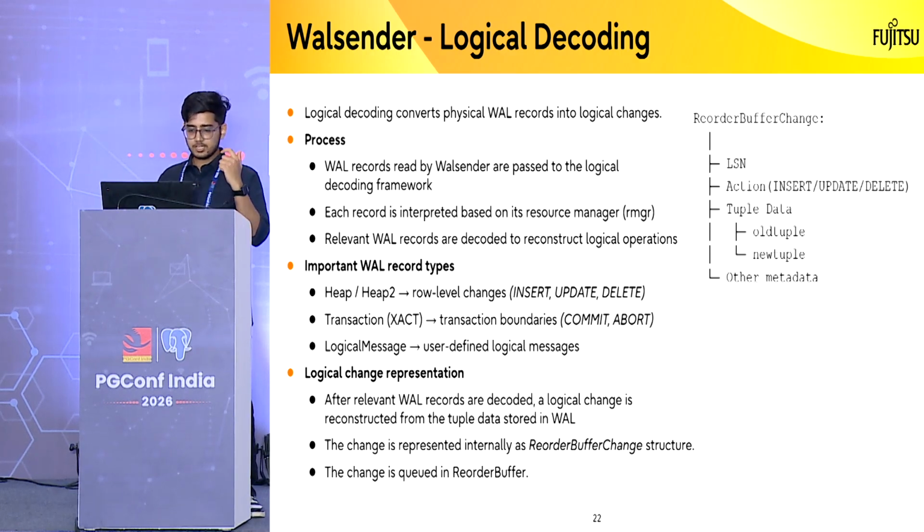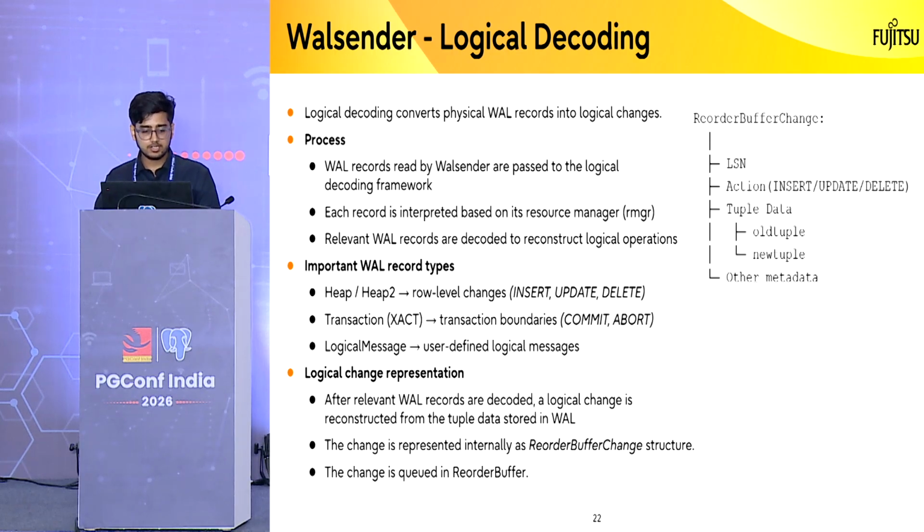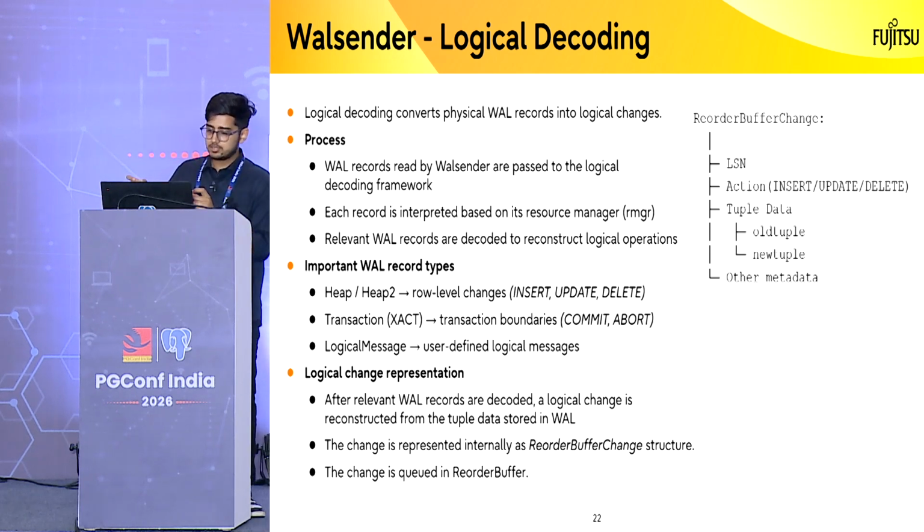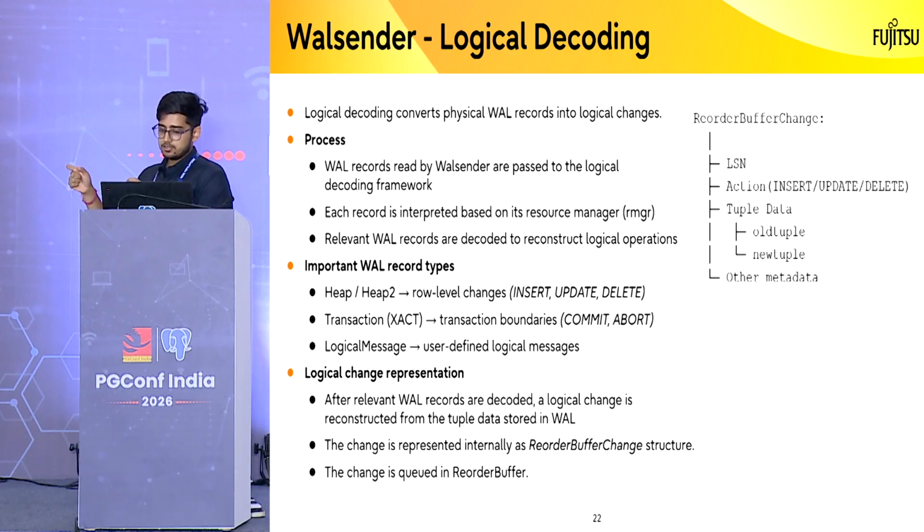The important types of resource manager which generate the WAL records that are decoded by logical decoding are heap or heap2, which generate WAL records related to row level changes like insert, update, delete.